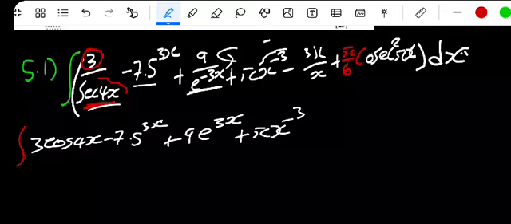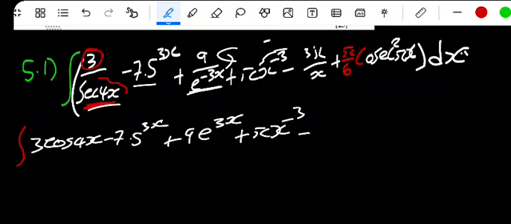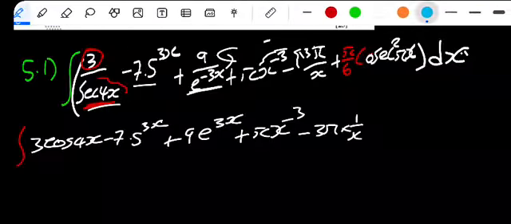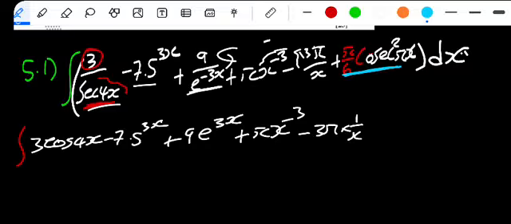Minus this, okay, this is pi. Remember here it's 1, so this is the same as 3 pi. Remember, this is just a number, the same as multiplied by 1 over x. This is fine, it's in our standard form that we can integrate.